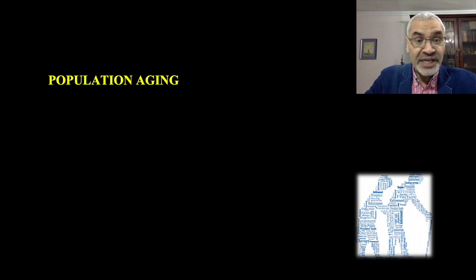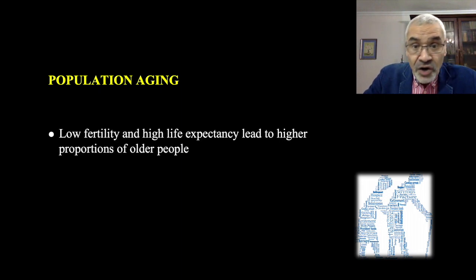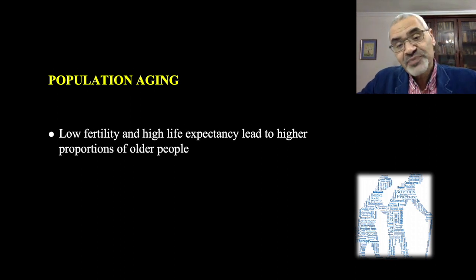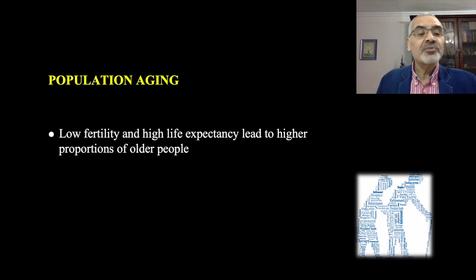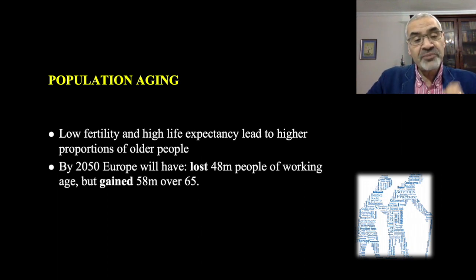The births are shrinking, birth rates are decreasing, which means that the population will be aging, will be very old. So low fertility and high life expectancy also lead to a higher proportion of older population.